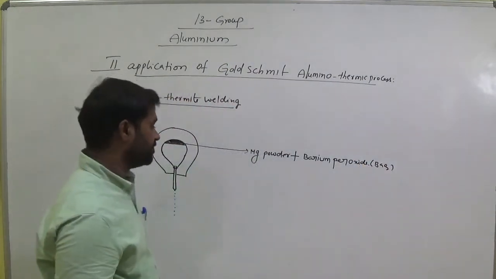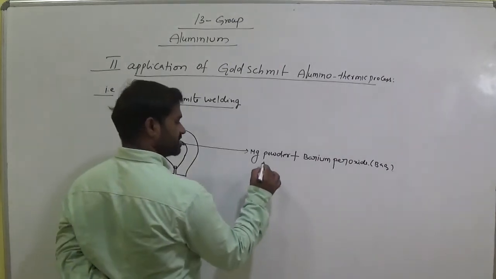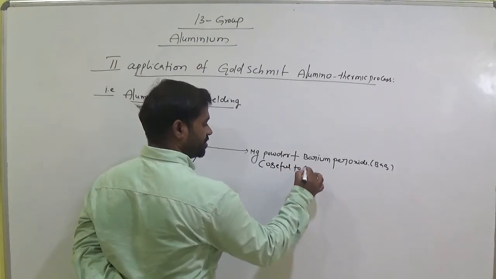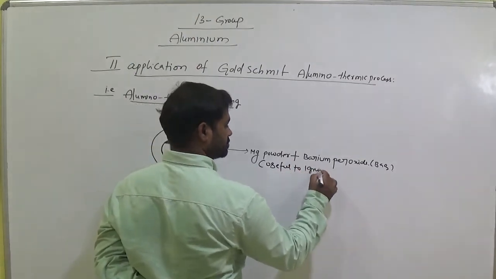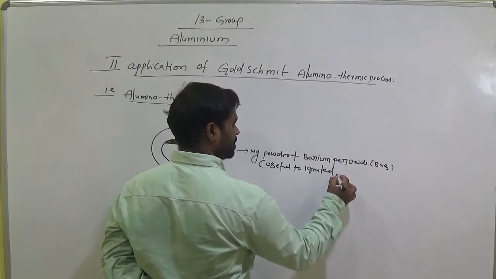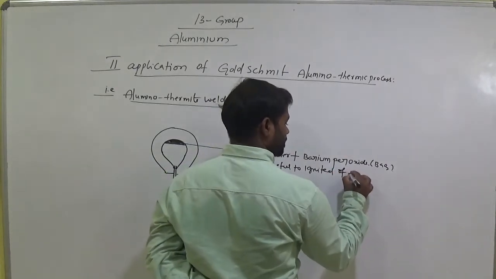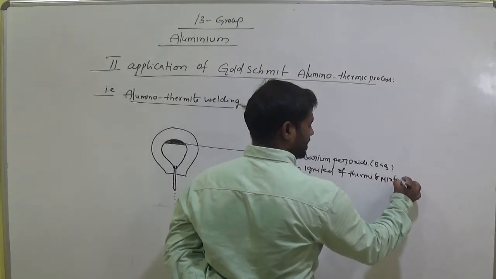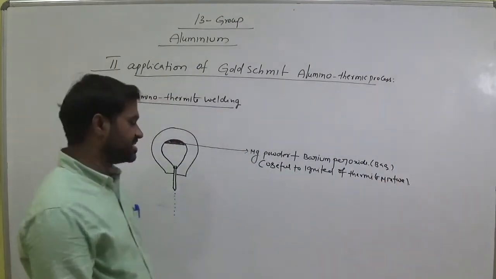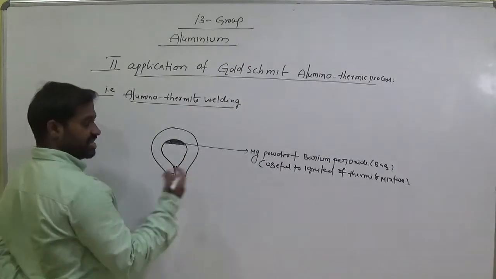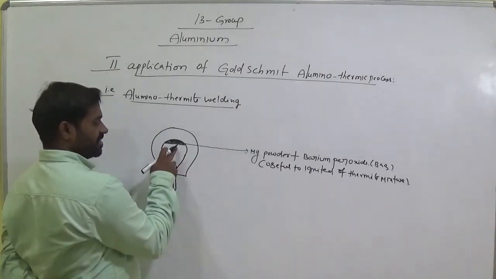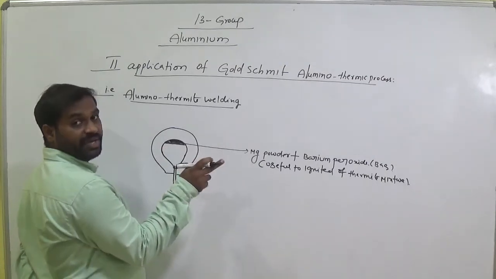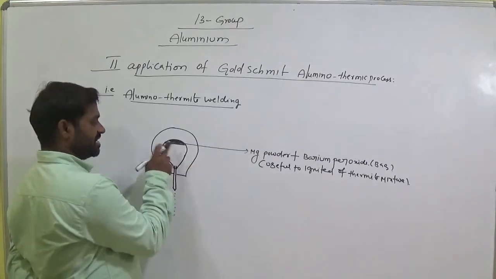This is useful for the thermite mixture. I will say what the thermite mixture is here. Here we have a mixture of magnesium and barium peroxide, BaO2.